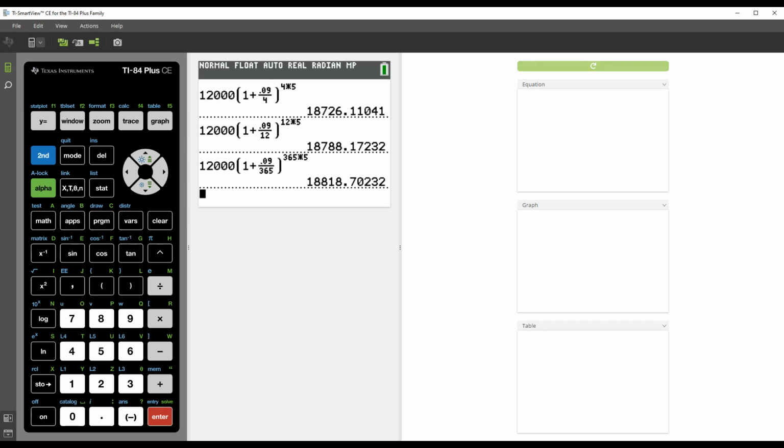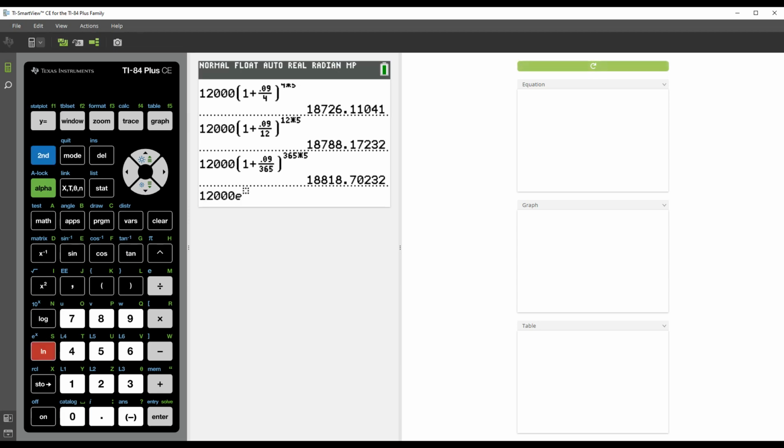Somebody figured out that there's a point of diminishing returns. The number is just not going to improve anymore. So once you have that, instead of just making that a grossly large number, you can use this formula, 12,000 E to the, and then you give the interest rate and the number of years.